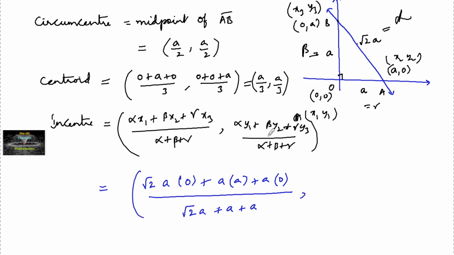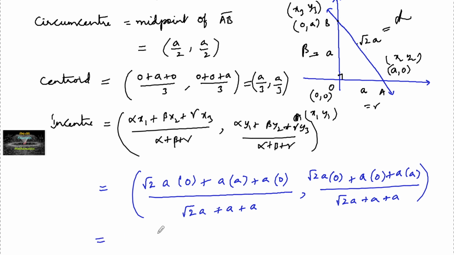Similarly for y: root 2 a times 0, plus beta times y2, that is a times 0, plus gamma times y3, that is a times a, divided by root 2 a plus a.